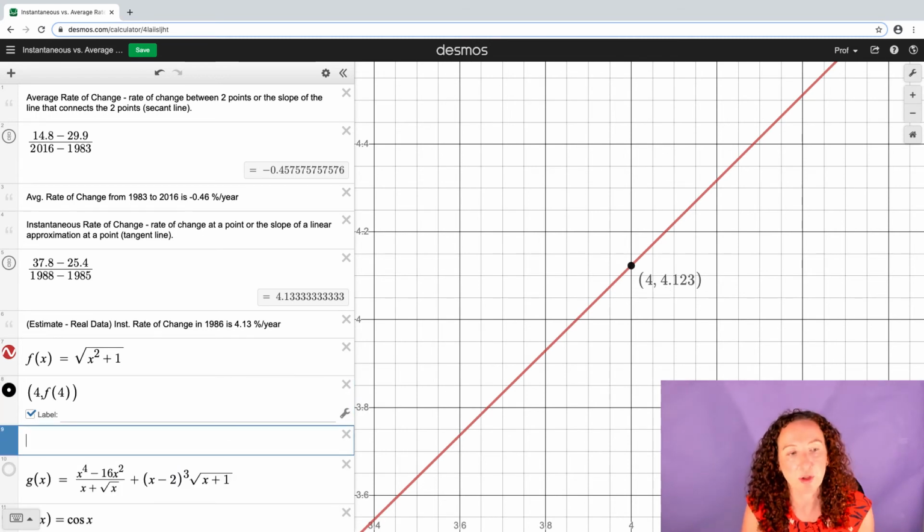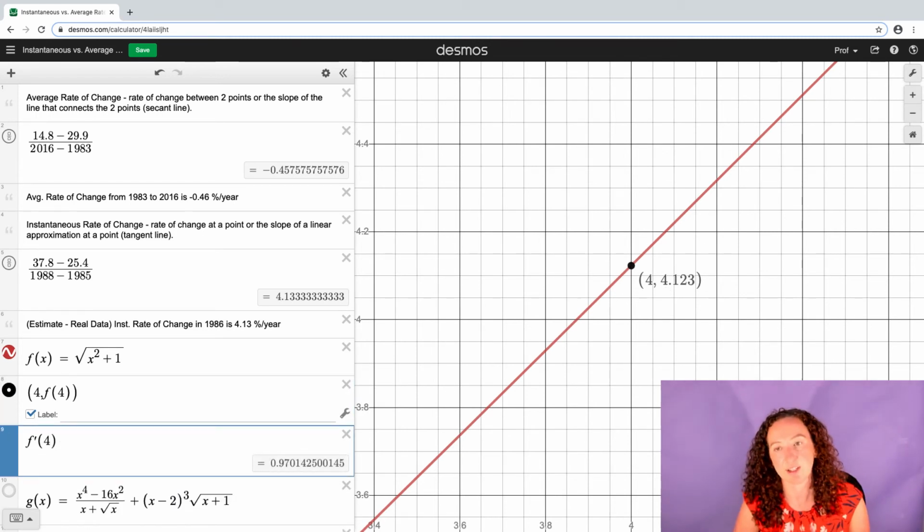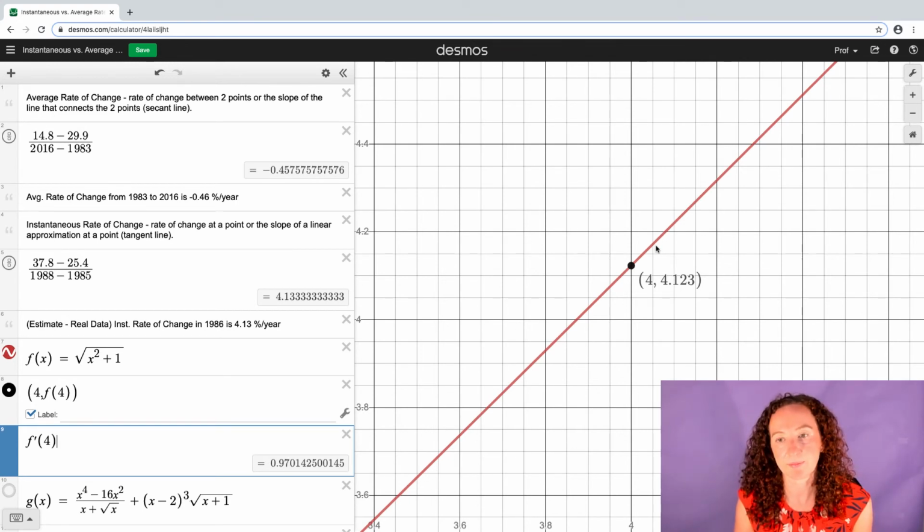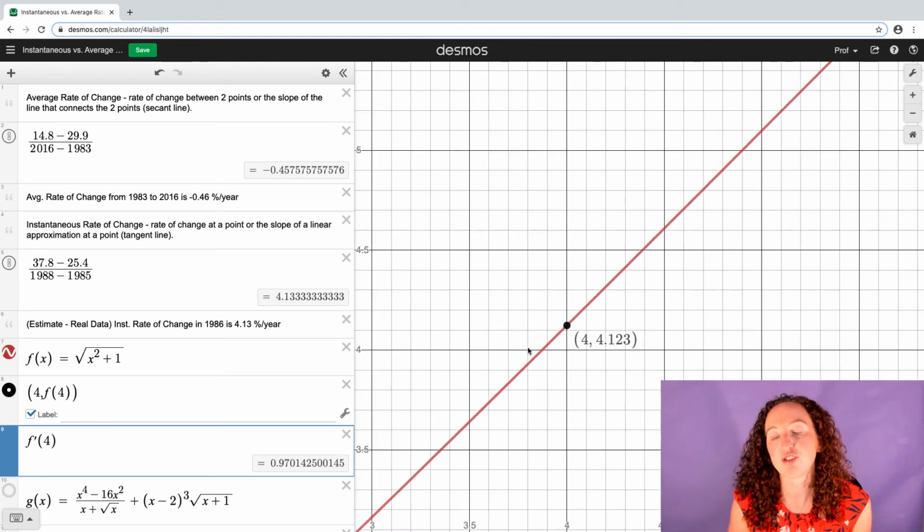I've already shared with you that you could calculate this using Desmos. And we get 0.97 is the slope of this tangent line. Again, we're going to learn how to calculate this more formally in a week or two. For right now, what I want you to think about is this is the slope of the line that you get when you zoom in at a point.